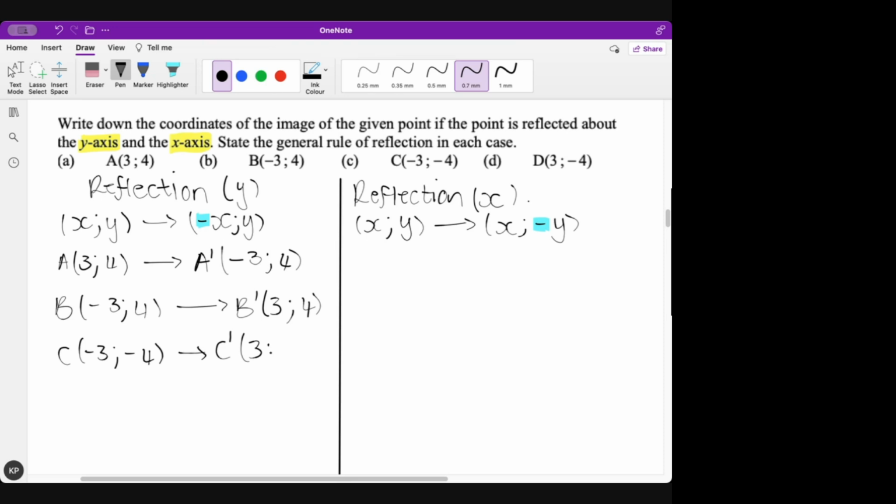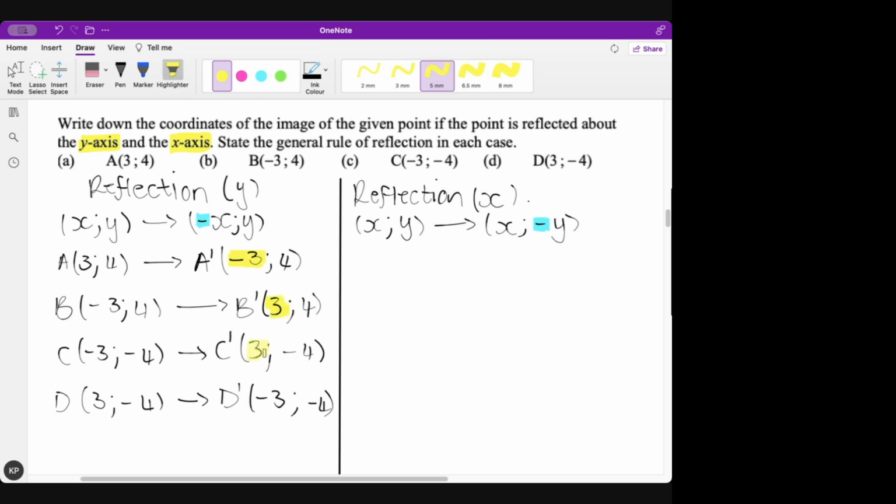It will become a +3 with a -4. And finally, D is 3 and -4. What are my coordinates for D prime? Thank you, Seth. -3 and -4. So if you look carefully, all your x coordinates have changed signs.